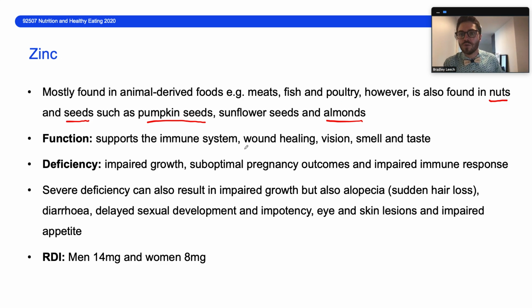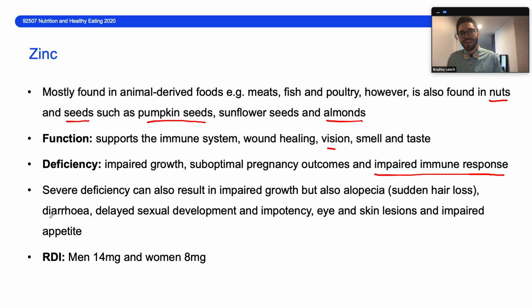Zinc also supports with wound healing, vision, smell. Individuals with a zinc deficiency can actually have an inability to taste and smell. Other deficiency symptoms are impaired growth, suboptimal pregnancy outcome, and look at this, an impaired immune response.